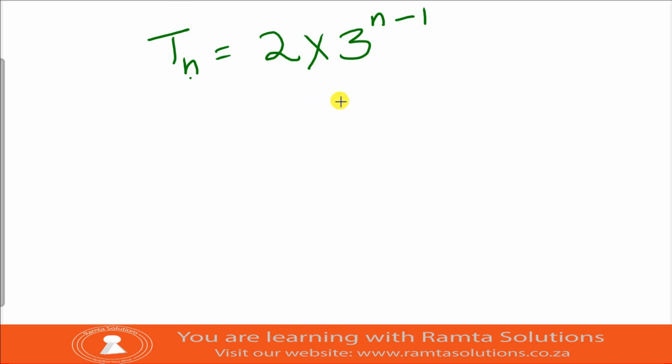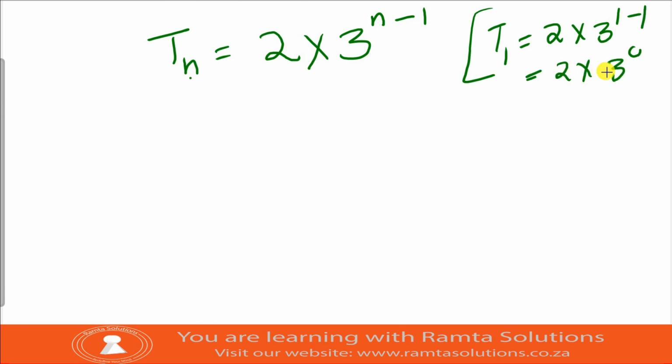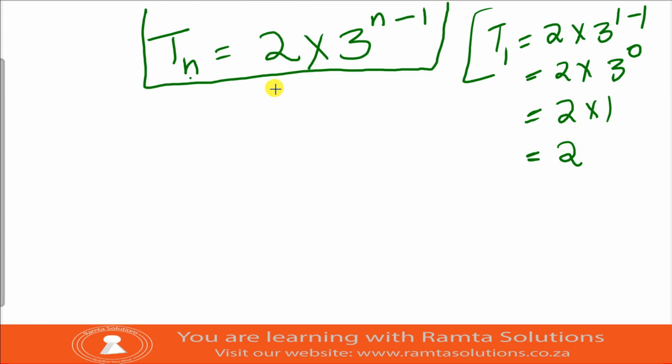Let me prove it. Term 1, I will get 2 times 3 to the 1 minus 1, which is 2 times 3 to the 0. That equals 2 times 1. Of course, it is 2. Okay, you can try for others. So I think it works. So this is our general term.